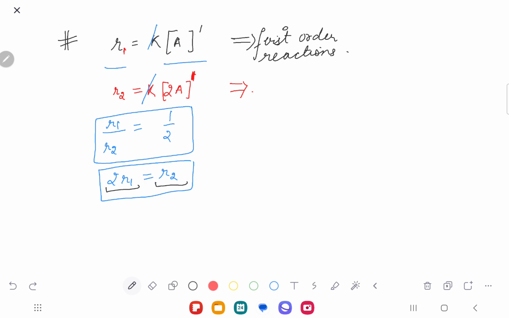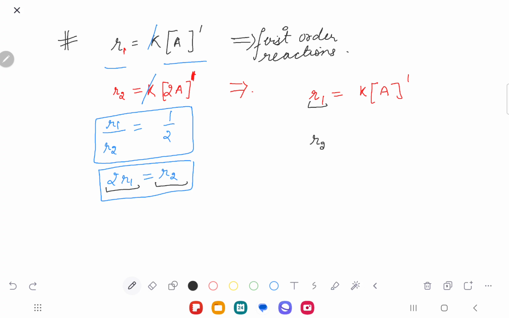Similarly, if I make the concentration 4 times, let's suppose R1 is equal to K into A raised to the power 1. That means when you have taken 1 mole of A, or 2 moles or whatever the initial concentration of A that you've taken, the rate is R1. That means the speed is R1.